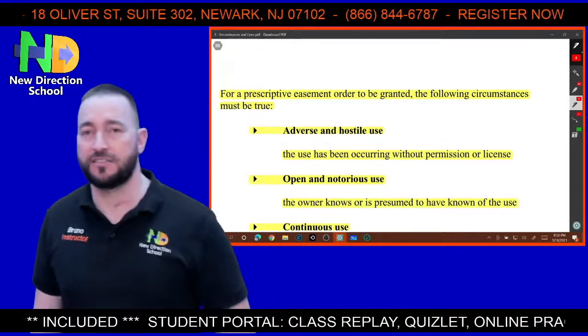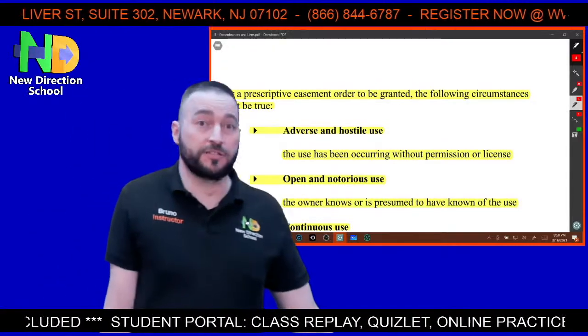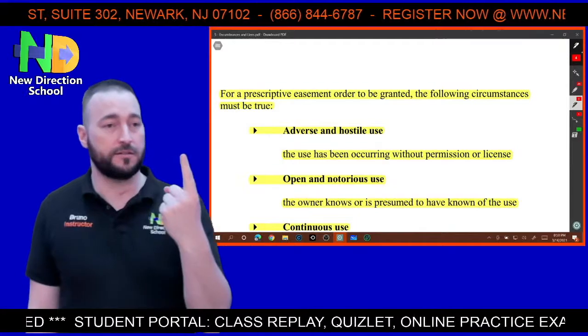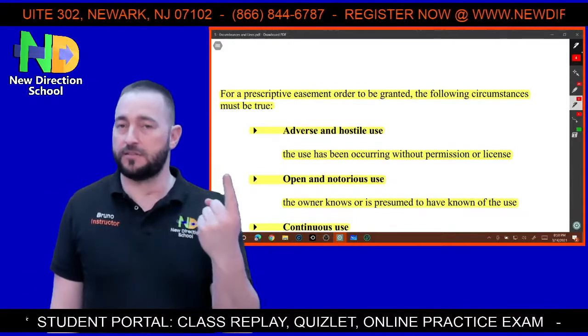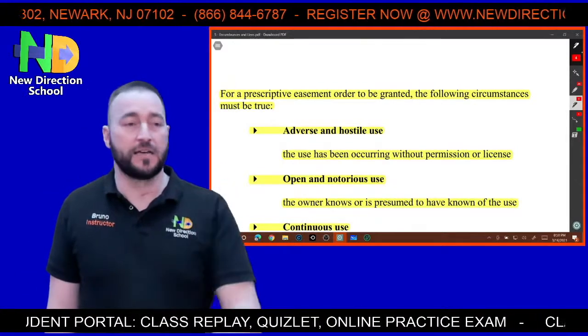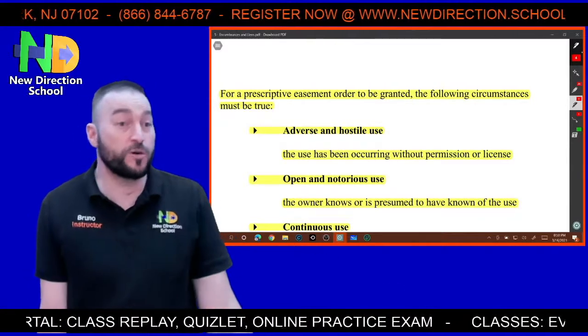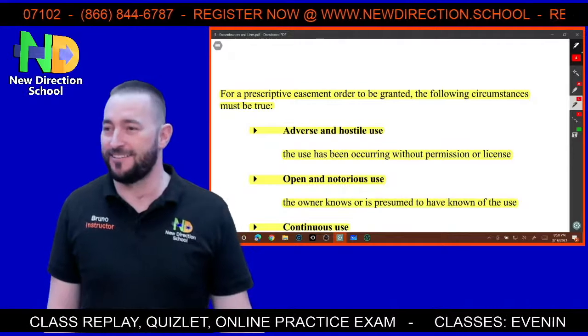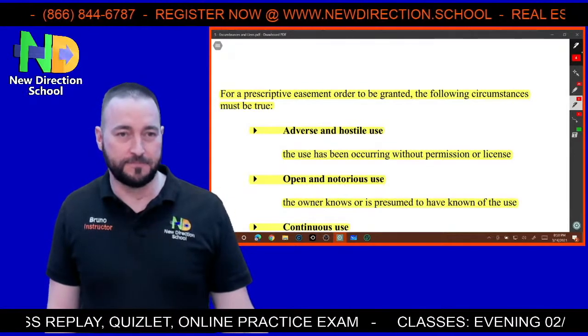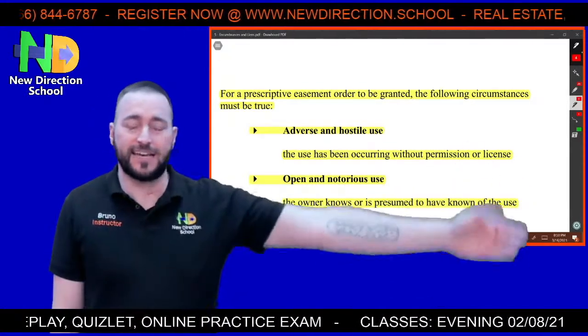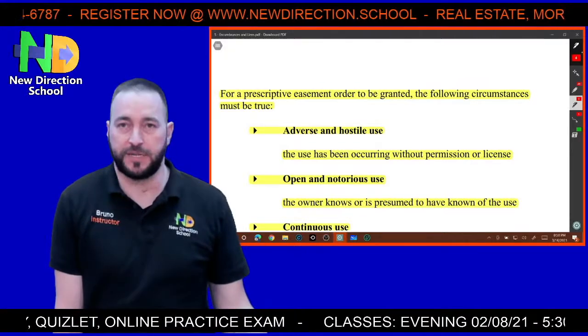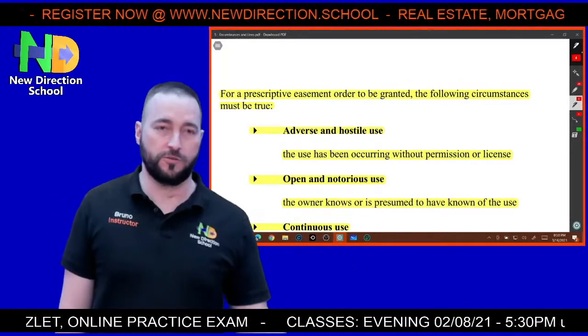If this person does not show up by the time the prescriptive period is over, they clearly abandoned it. In Portugal, like I said, 25 years. If after 25 years you didn't show up to see your property at least once, you abandoned it. In New Jersey, it's 20 to 30 years, depending on the type of property. In Florida, 6 years. In Texas, it could be as quick as 5 years, depending on what you do or how you do it.